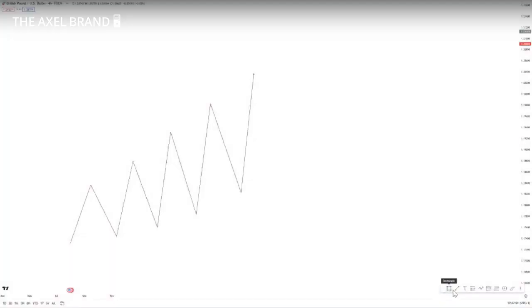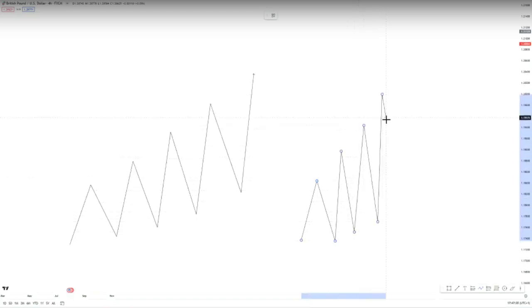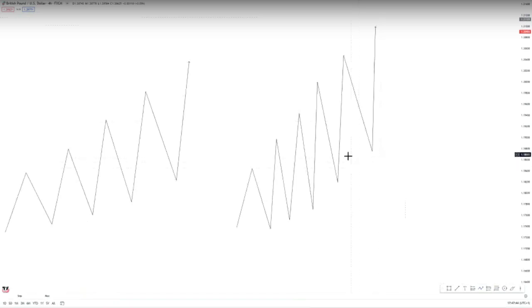But when price gives you something like this, the first move, the second move breaks the previous move, protects the previous low, breaks it, protects it, breaks it. You understand? For a higher low to be confirmed, it should break the previous high.